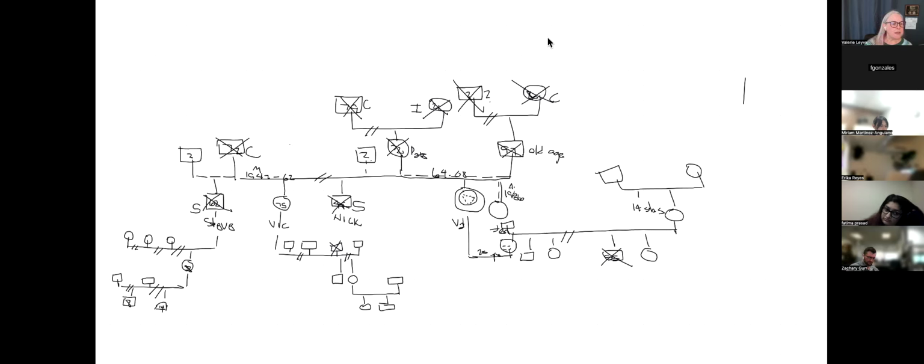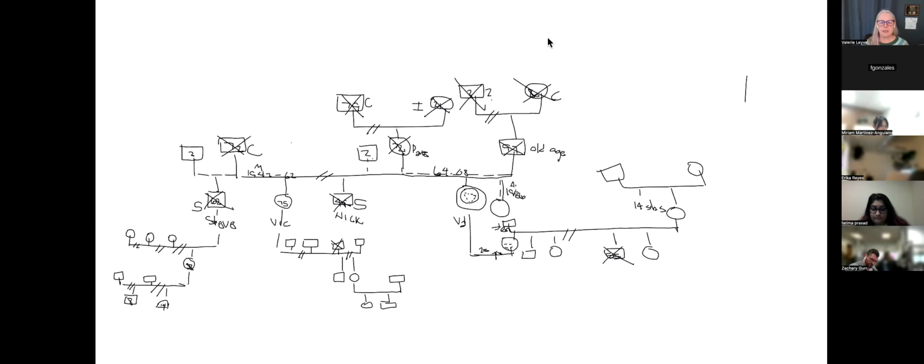Let me see if I can get a different color. So I'm just going to do this so that it's easier to see. So for instance, I'm sorry, this is how you show who lives with whom. And you use a dotted line, and I would draw a different color, right? So this is how you draw somebody like that.